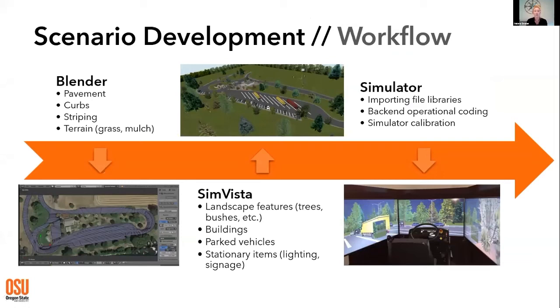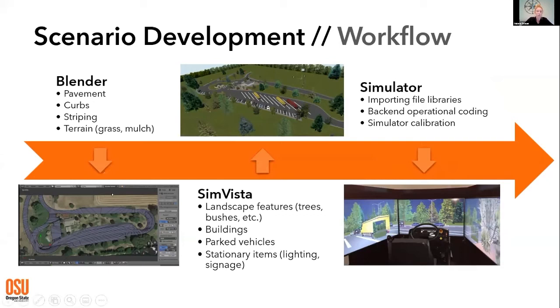So scenario development: after the site visit and developing the existing and design alternatives, we then worked in the simulated environment to design the existing conditions in Blender, which first we did the pavement. We designed the pavement, curbs, striping, and terrain.